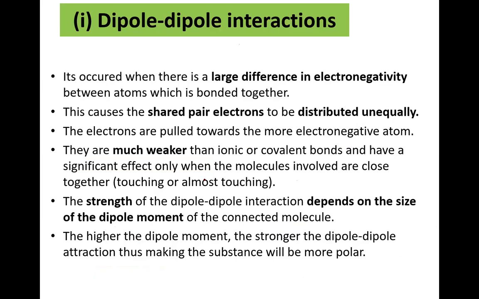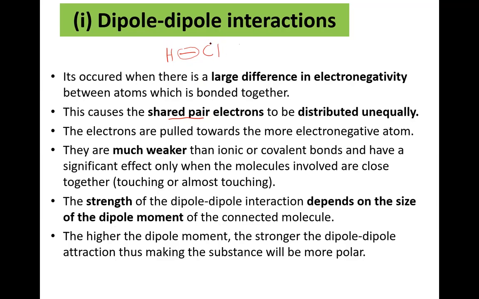This occurs when there is a large difference in electronegativity between atoms which are bonded together. For example, HCl. There is a difference in electronegativity between hydrogen and chlorine, where chlorine is more electronegative. This causes the shared pair of electrons to be distributed unequally.